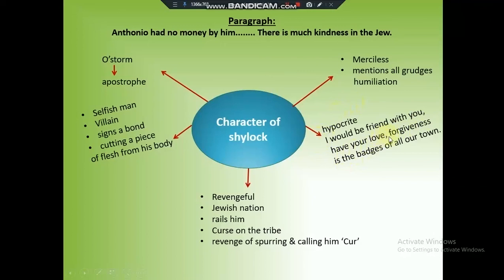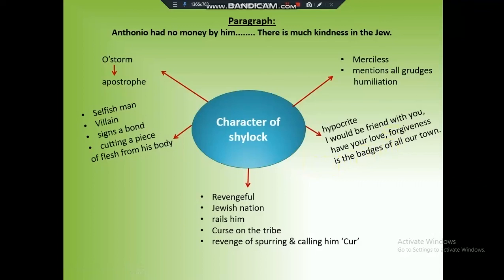Because he taunts here, in a satirical, criticizing way, he says, "Forgiveness is the badge of all our tribe." He means, don't worry, Antonio, though you have insulted me many times, all the times, the Jewish nation believes in forgiveness, believes in mercy, and forgiveness is the badge of our tribe, meaning the quality of Jews.